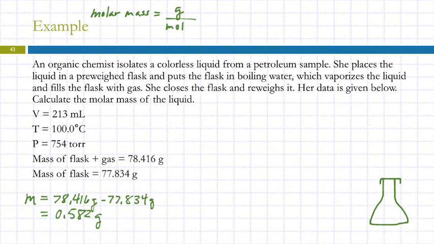We've got the mass in grams, so we can plug that in there: 0.582 grams. We need to know the number of moles, so that's using the ideal gas law. n equals PV over RT, just taking PV equals nRT and rearranging.